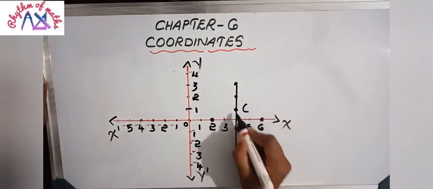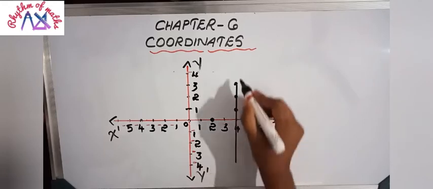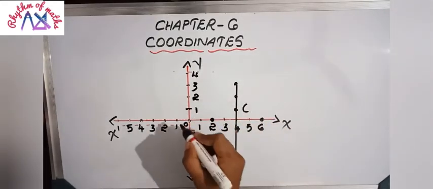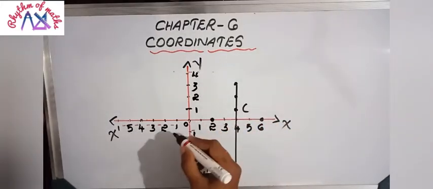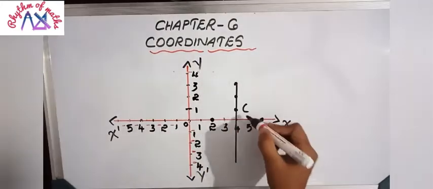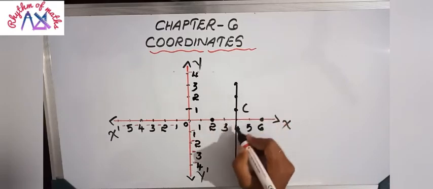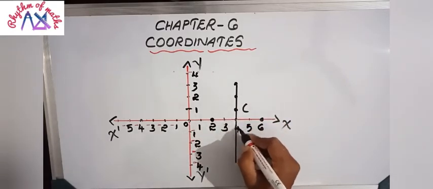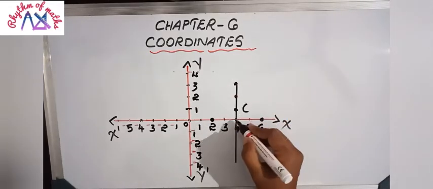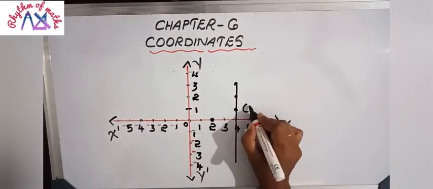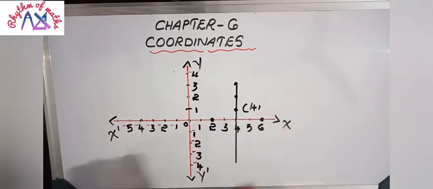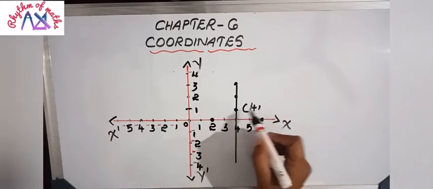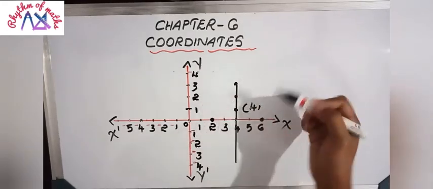In all these points the x coordinate will be the same. For a line parallel to the y-axis, any point on this line has the same x coordinate, because from 4 it is going up and down. The x coordinate will be the same, and depending on the y number, y will change.